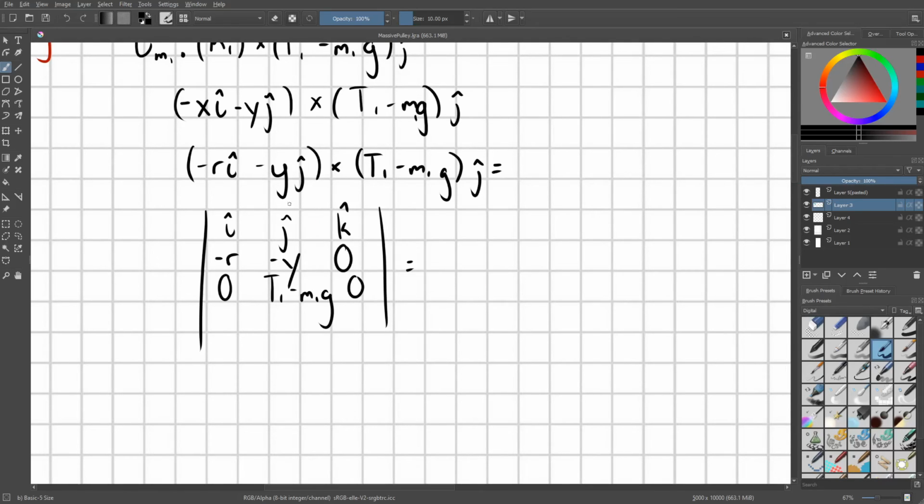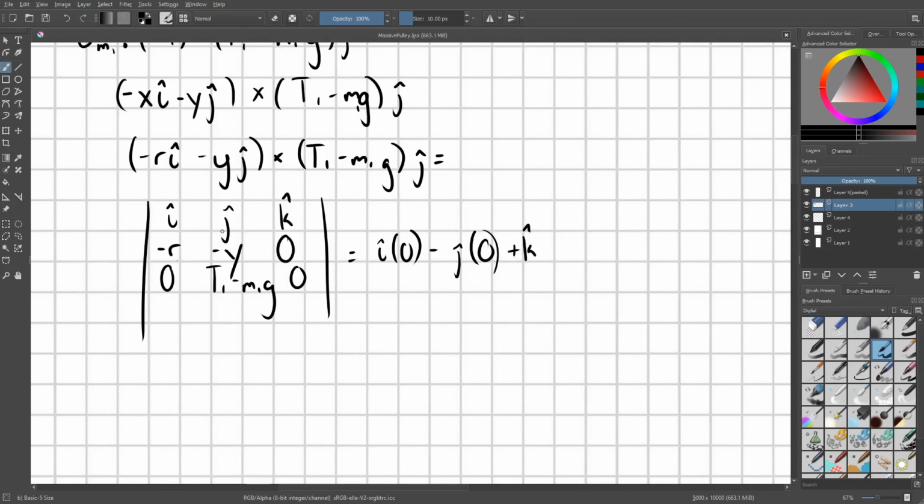And so what we can see here is that the i-hat vector is just times 0, and the j-hat vector is again 0. And this is just computing a determinant.